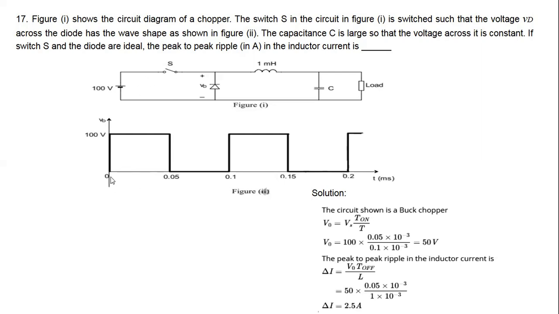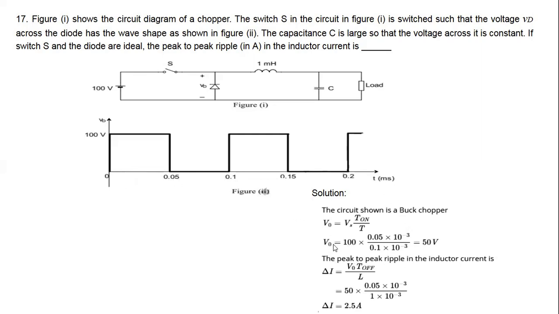So we can take T on as 0.05 into 10 power minus 3, and we can take the total time period as 0.1 into 10 power minus 3.